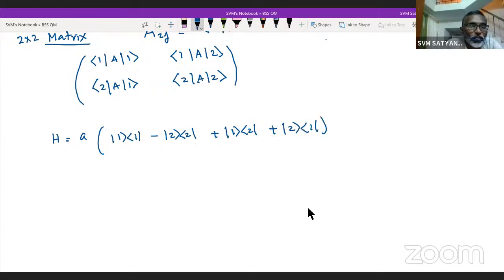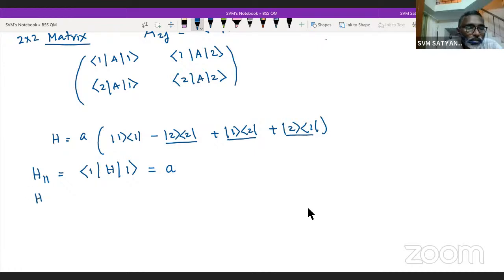Okay. So suppose I want H11. H11 is nothing but <1|H|1>. When I put that, I put 1 on either side. This term has 1, 2, this is also having 2, this is also having 2. Only from here I will get a contribution, and that is simply A. Correct?